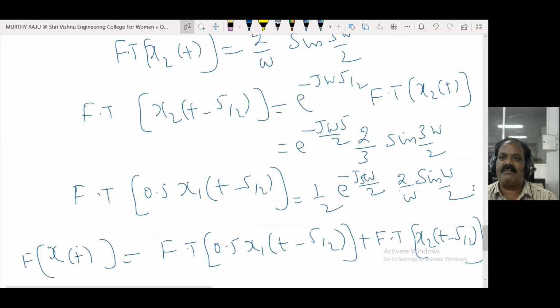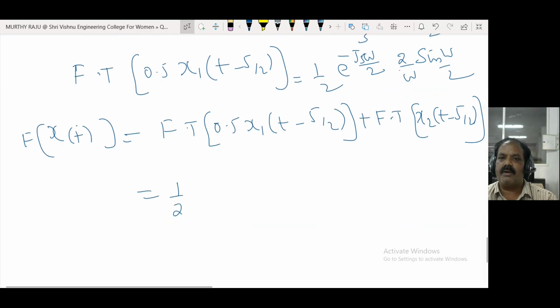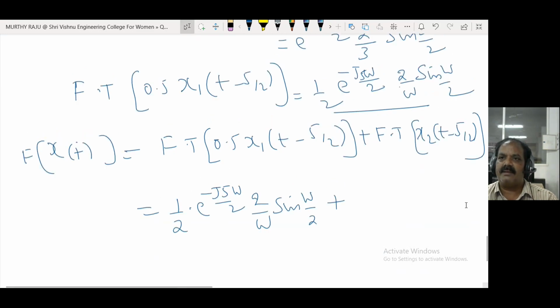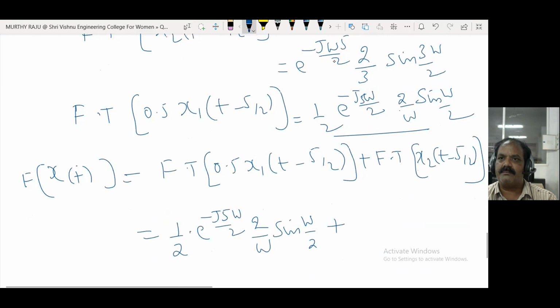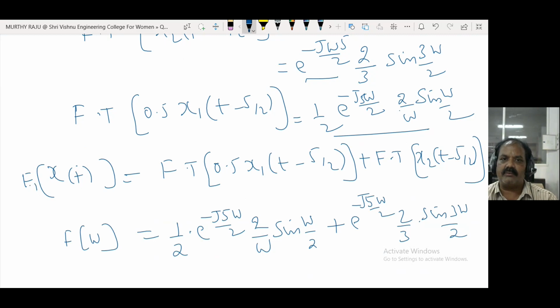Here the value is 1 by 2 e power minus j 5 omega by 2 with 2 by omega sine omega by 2, plus e power minus j 5 omega by 2 with 2 by omega sine 3 omega by 2.